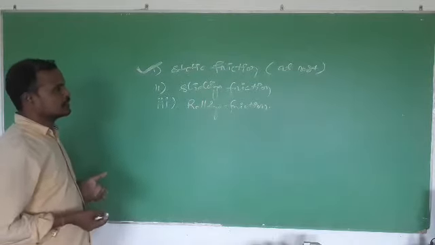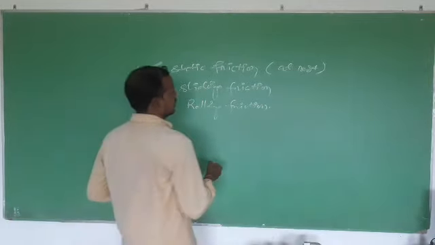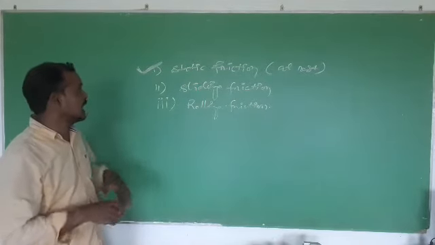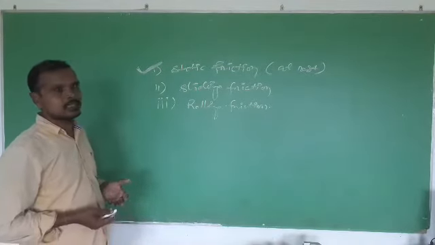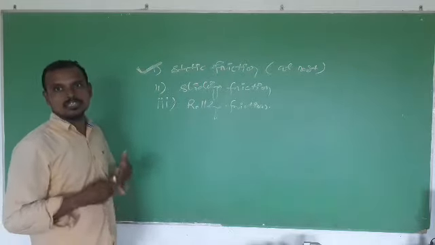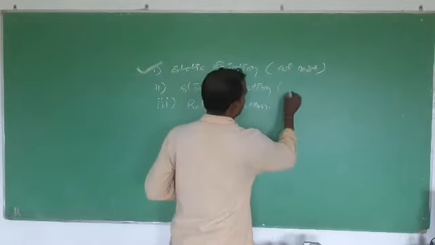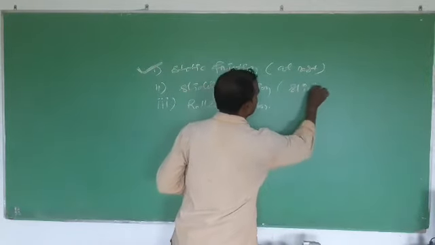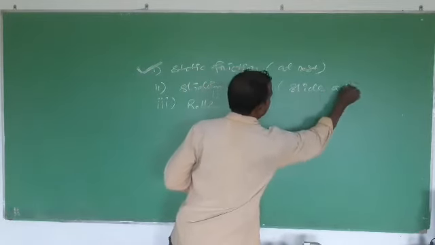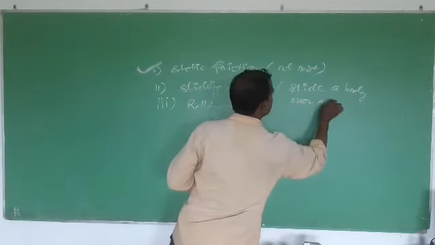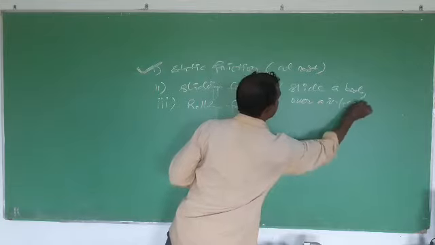Suppose you want to shift a box on the floor, and you slide the box over the surface, and that is known as sliding friction. Whenever you slide a body over a surface.